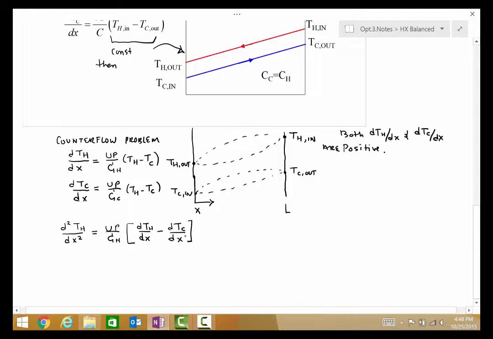We get dTH/dx minus dTC/dx. What is the second derivative of this? We know that the first derivative dTH/dx is a positive number, and dTC/dx is also a positive number.